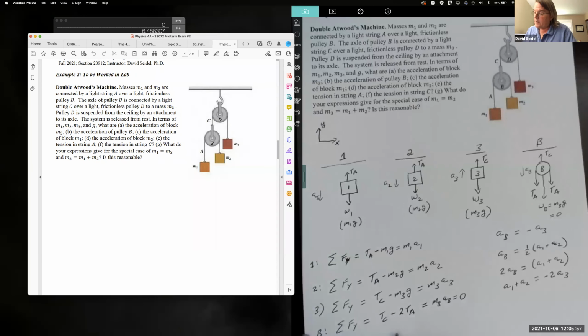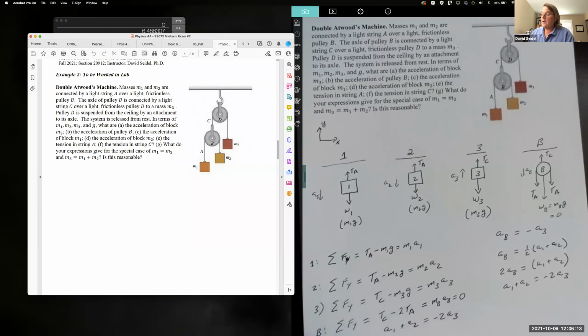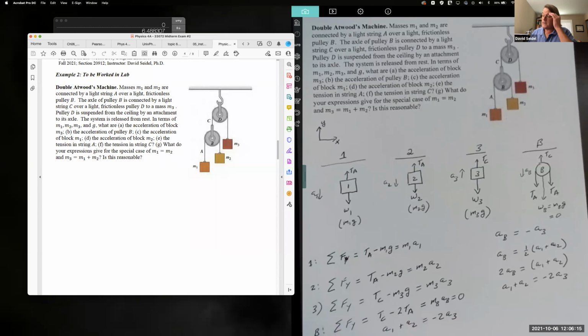So now I can put in a final equation unknown in here, that A1 plus A2 is equal to minus 2A3. So now I have A1, A2, A3, TA, TC: 5 equations and 5 unknowns.